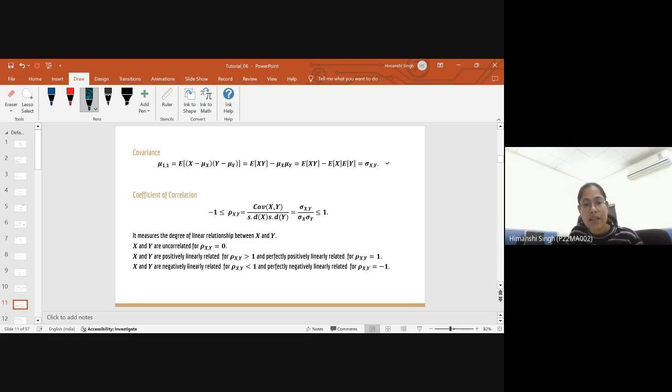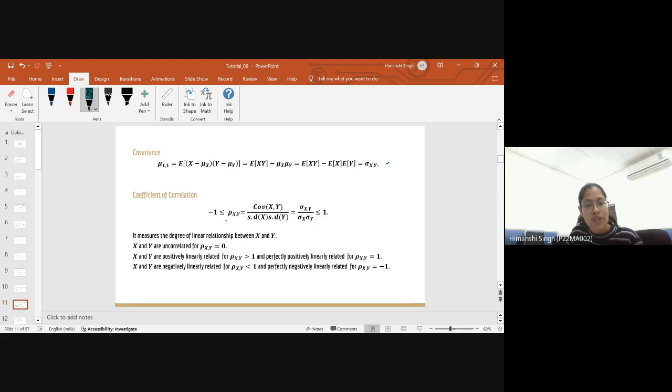So basically, if this quantity rho xy is 1, they are perfectly linearly related. If rho xy is minus 1, then we say that it is perfectly negatively linearly related. If rho xy is 0, then we say that x and y are uncorrelated, meaning x and y have no linear relationship. There can be a non-linear relationship, but x and y do not have a linear relationship if the coefficient of correlation is 0.